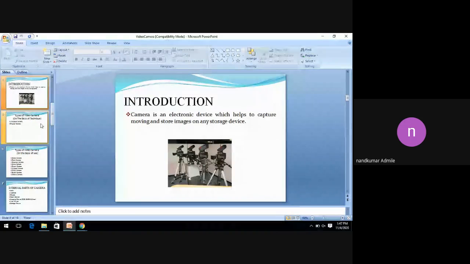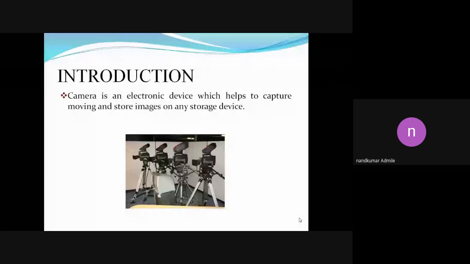Yes, anyone? Okay, so basically the camera is an electronic device. By using this electronic device, we can capture the moving object, right?